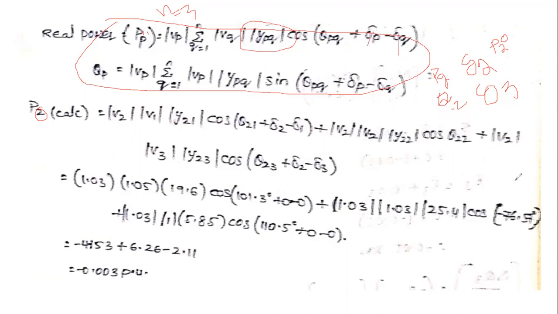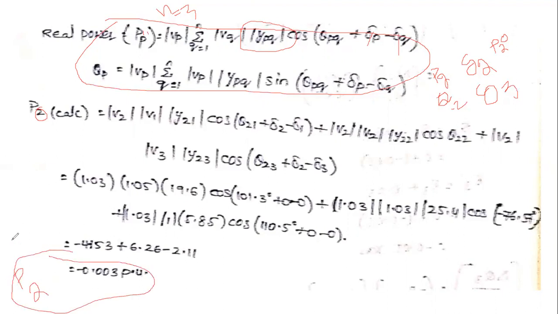Plus V2 V3, Q equal to 3, Y23 cos of theta 23 plus delta 2 minus delta 3. Substitute all these values and then simplify. This is the P2 calculated value.